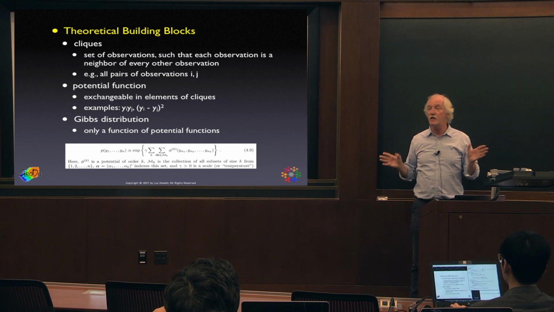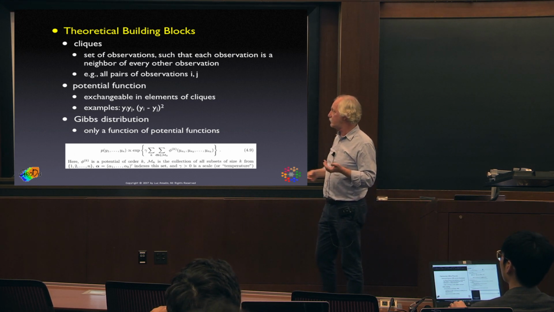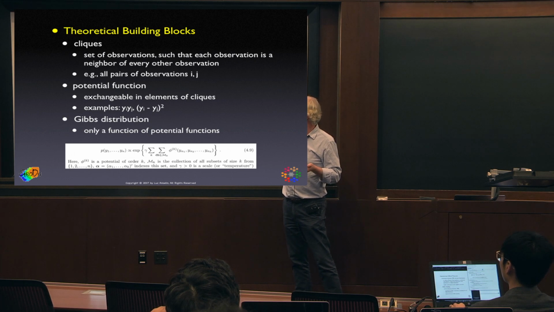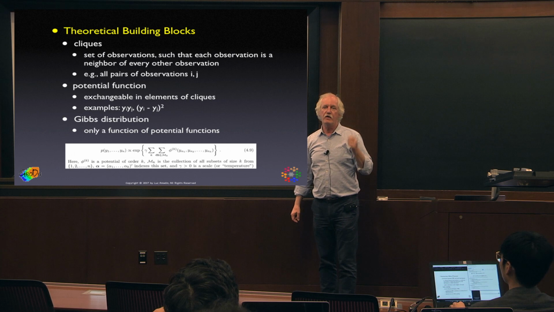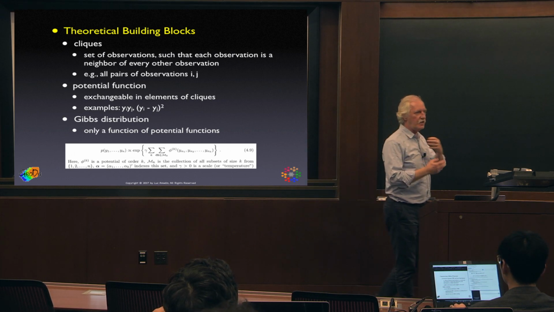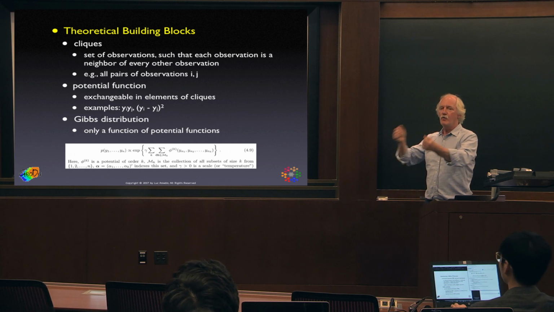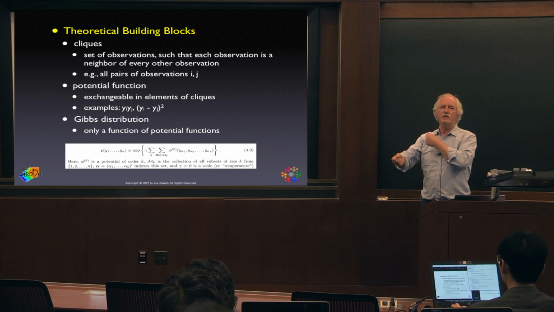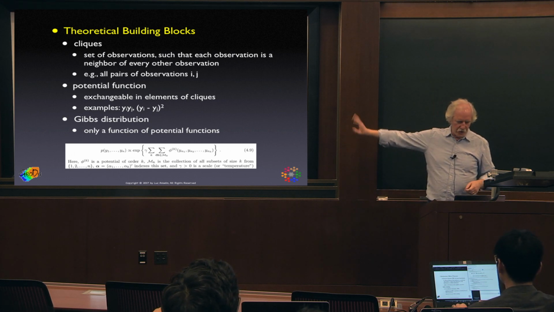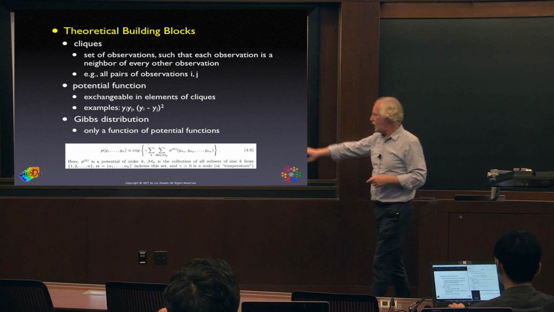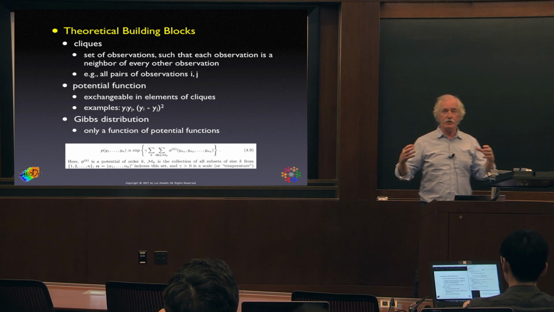That's why you never see these. Most of the discussion, most of the literature, most of the textbooks deal with functions that are either cross products or square differences, because these are easy. They're exchangeable in the sense that if you flip yi and yj, it's the same product, so it doesn't change. They have a particular form for the exponential family of distributions.